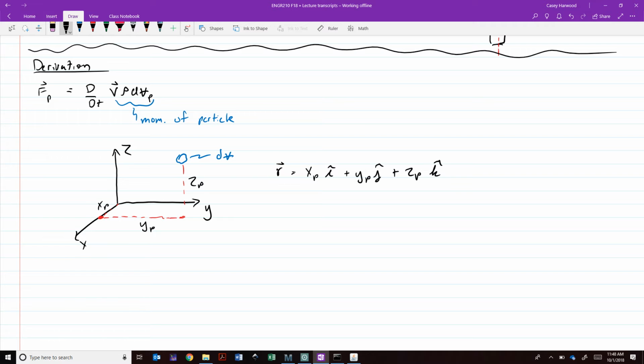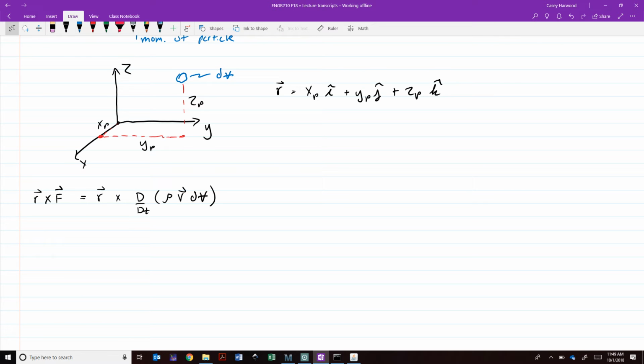So if we take the moment of both sides of this equation up here, about the origin, we can write r cross F. That's the moment of the force on this particle. R cross F is equal to r crossed d/dt of rho v delta V.